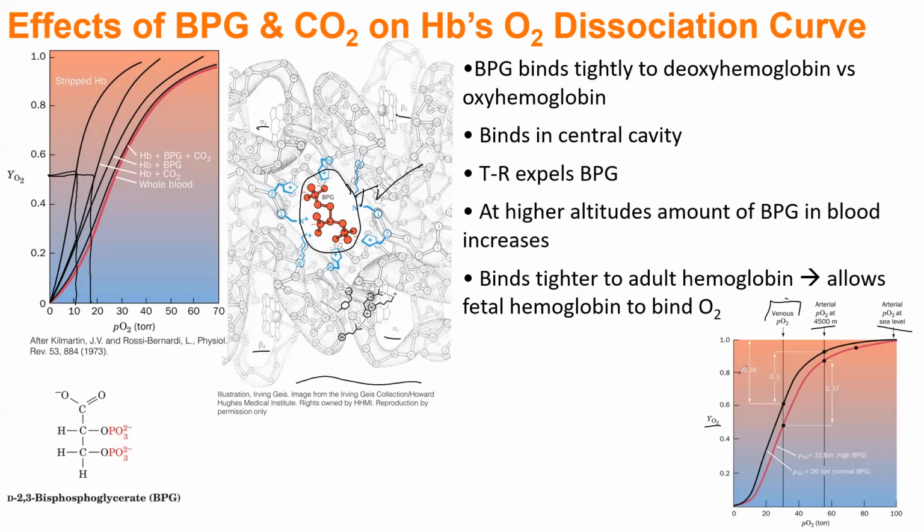If, however, you go 4,500 meters above sea level, the pressure of oxygen in your arteries is quite less. It goes from 100 torr to roughly 55 torr. This means that when you're above sea level, only 30% of your hemoglobin is delivering oxygen.